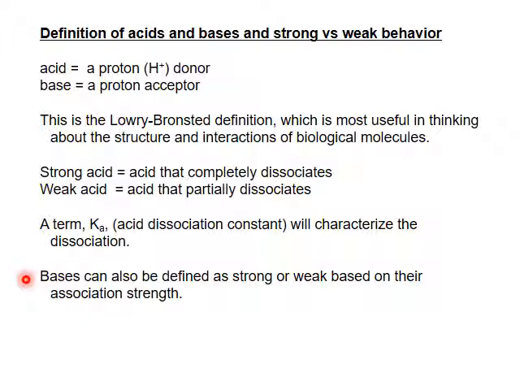What we're going to do is think of everything in terms of an acid, and how it can dissociate to generate a proton in aqueous solution. So we're going to focus on the acid component in this course.